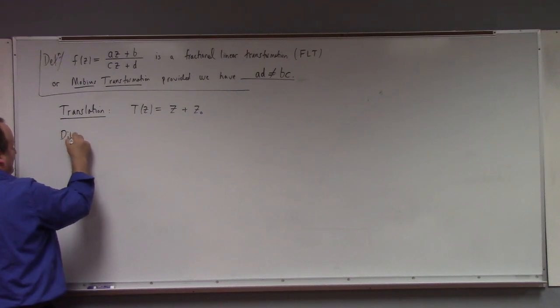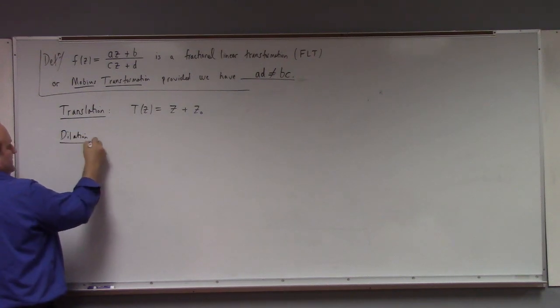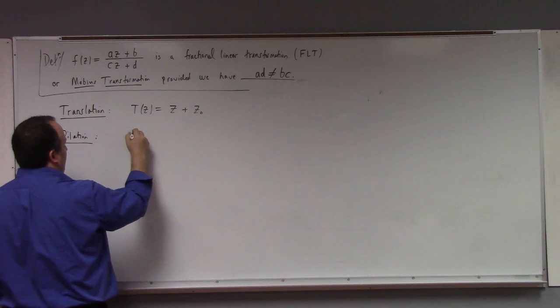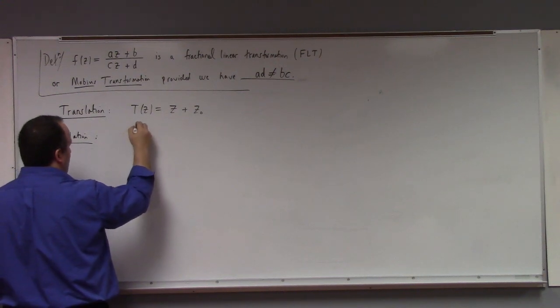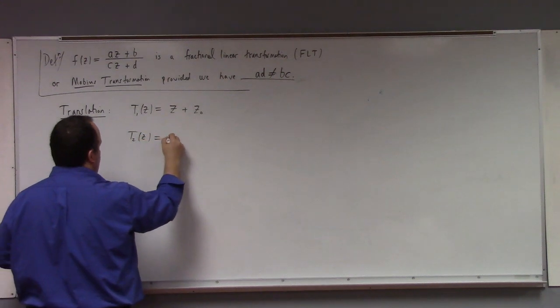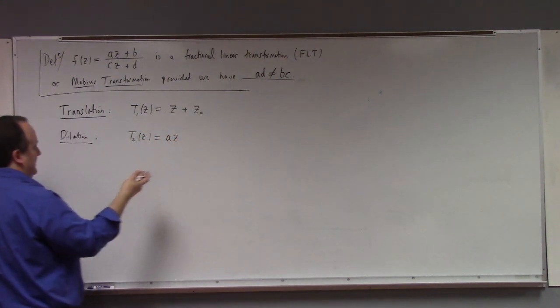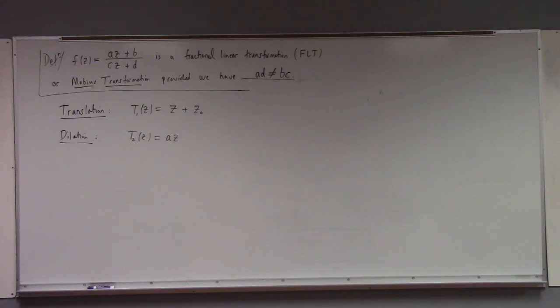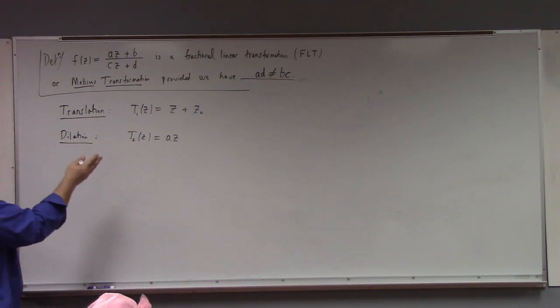Let's see here, dilation. This is something of the form T2 of Z is equal to AZ. That's a dilation, all right? You're just multiplying by a complex scalar that has the effect of stretching out and rotating. To be fussy, this is technically a complex dilation.